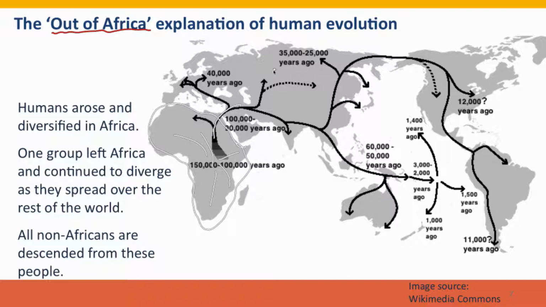And then they gradually spread over thousands and thousands of years into Europe, into southern Asia, into northern Asia, into Southeast Asia, and to Australia and the Pacific Islands, and up through Eastern Asia, across the Bering Land Bridge, and down into North and South America. This is strongly supported by many lines of evidence.